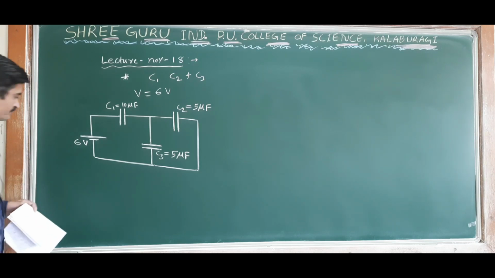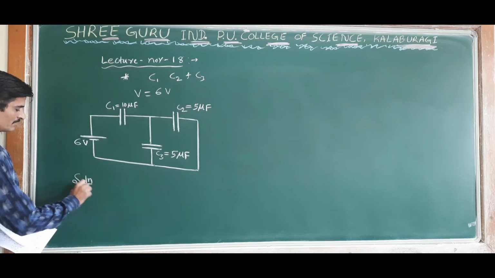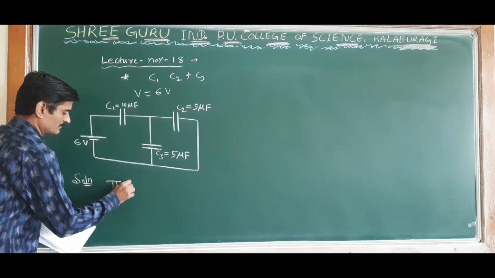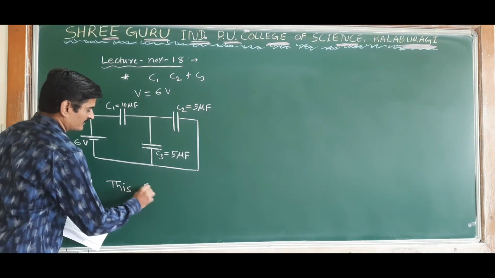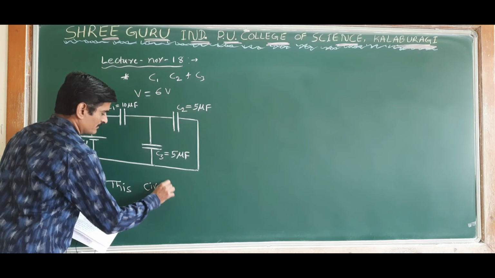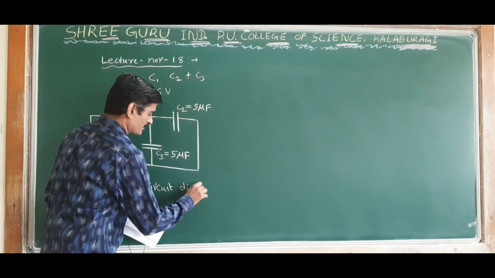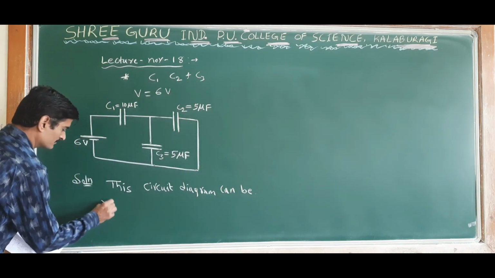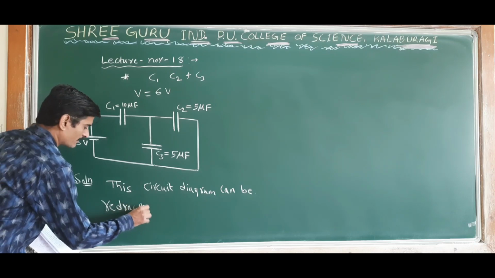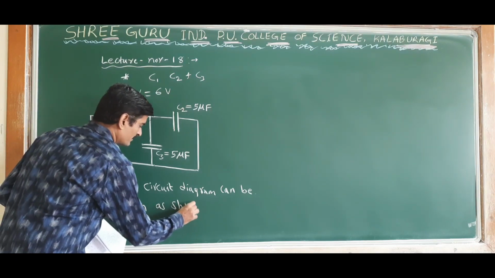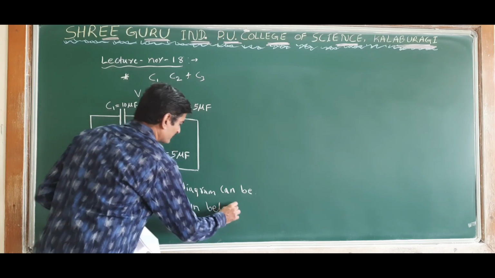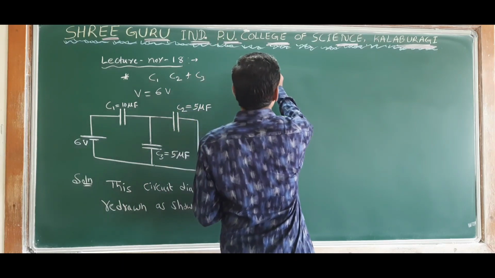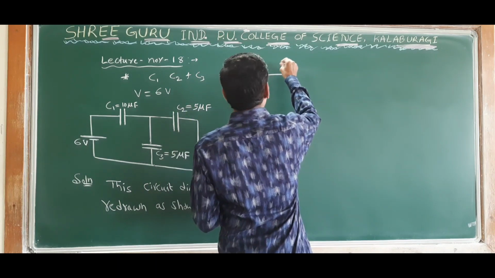Okay, so now the solution. From the figure, this circuit diagram can be redrawn as shown below. That is, this same diagram can also be drawn like this. One capacitor is there, that is C1.